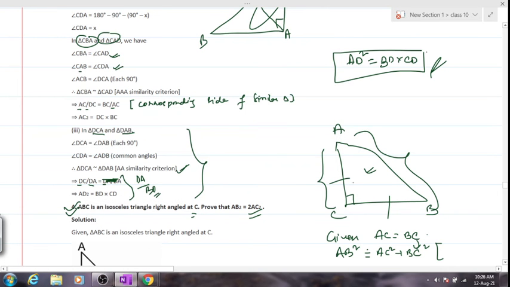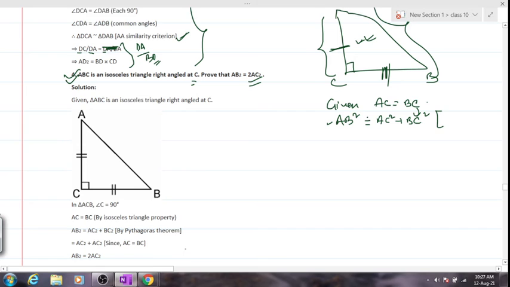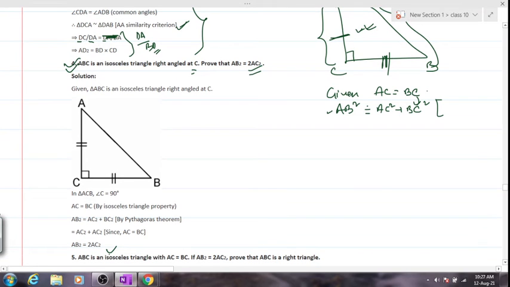I hope everybody has understood this properly. This is a right angle isosceles triangle, so our triangle looks like this, where two of the sides, AC and BC, will be equal to each other. Then we apply Pythagoras theorem and replace one of the sides by AC. Is it clear? I hope this numerical is not a big problem for anyone. Make sure you write the statements.